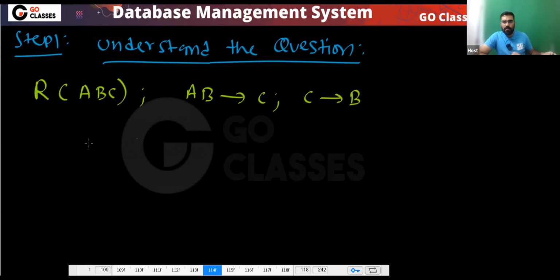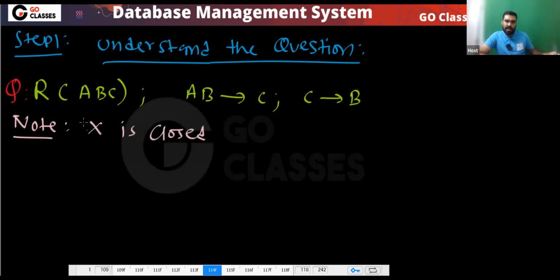Now you tell me, in this question, which sets of attributes are closed. When can I say X is closed? What is the definition?